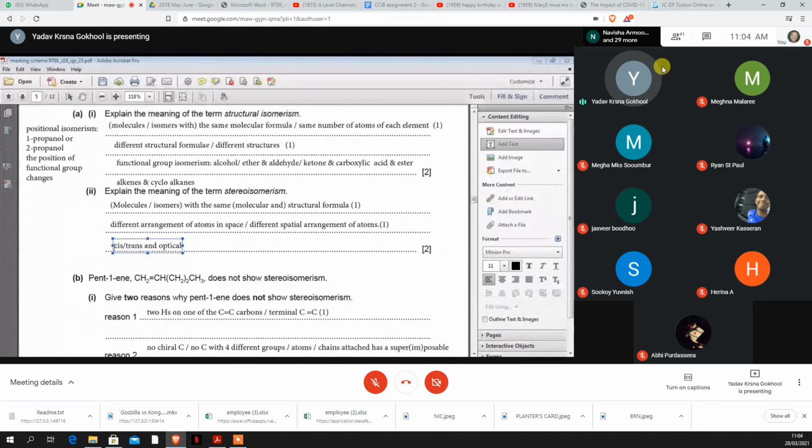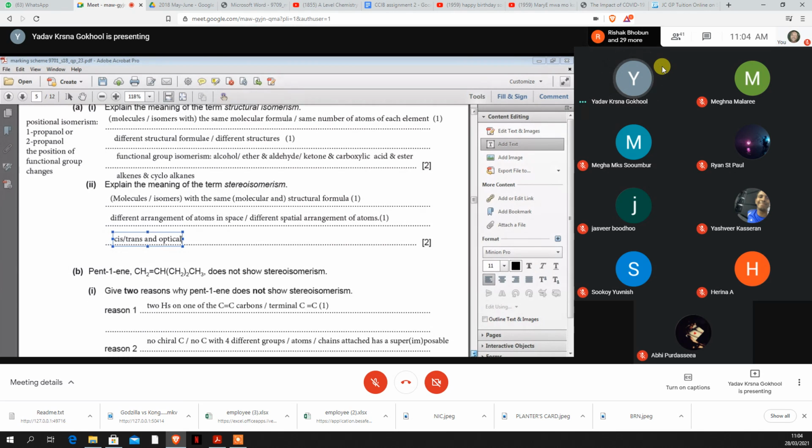Now, how to understand it? Stereoisomers have different spatial arrangements of atoms. Here you have different structural formulae, different structures, but here you have different arrangements of atoms in space. So when you arrange it differently, you can get cis, trans, or even optical.